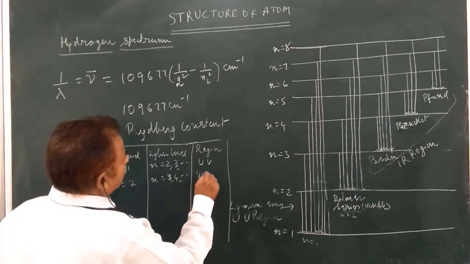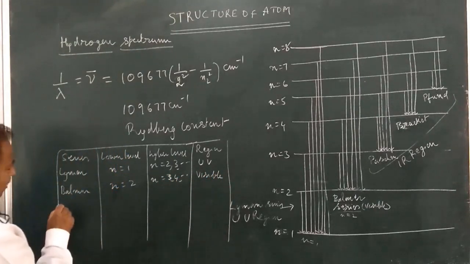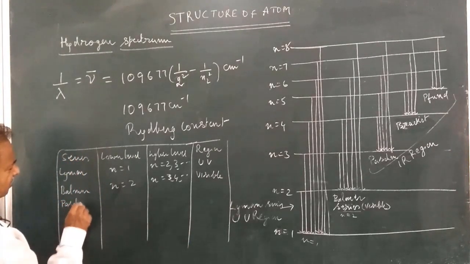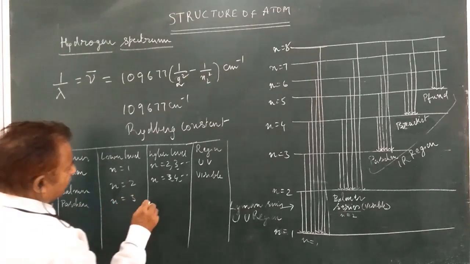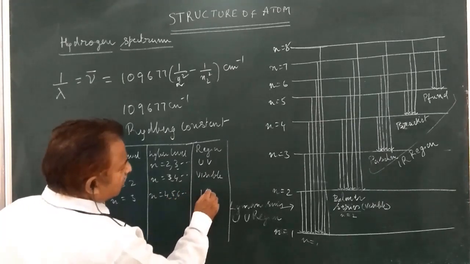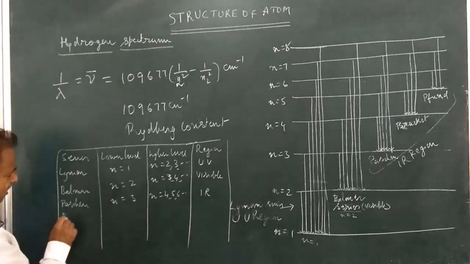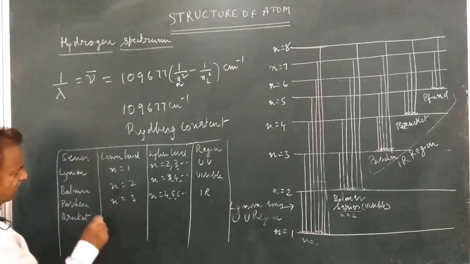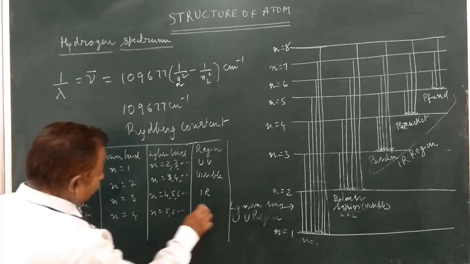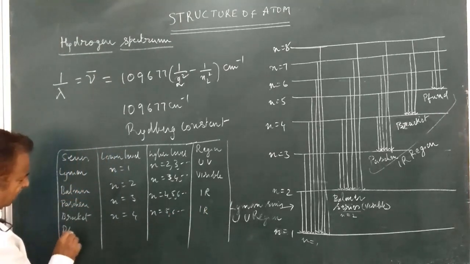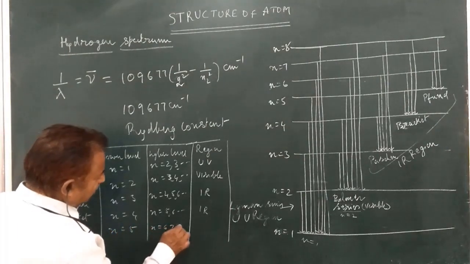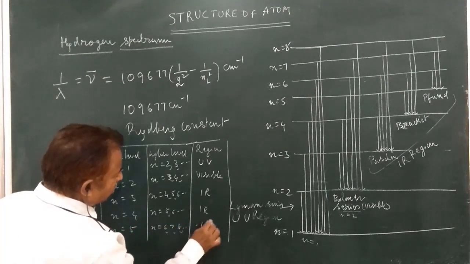This is the visible region. Paschen series, n equal to 3, here n equal to 4, 5, 6 and so on. This is IR. Brackett series, n equal to 4, n equal to 5, 6 and so on. This is also IR. Whereas Pfund series, n equal to 5, n equal to 6, 7, 8 and so on. This is also the IR region.